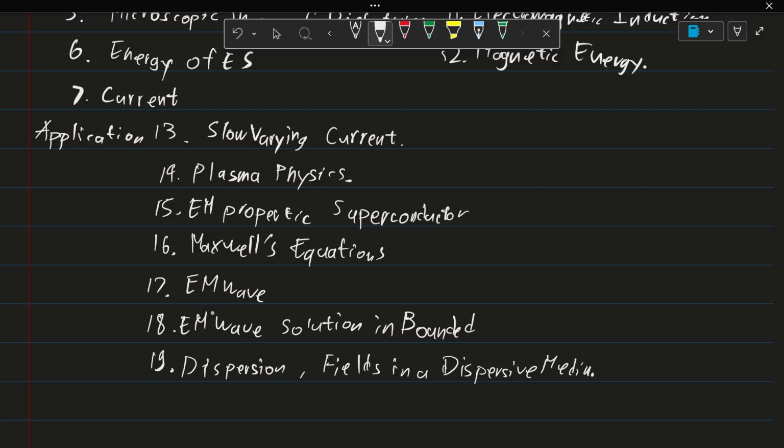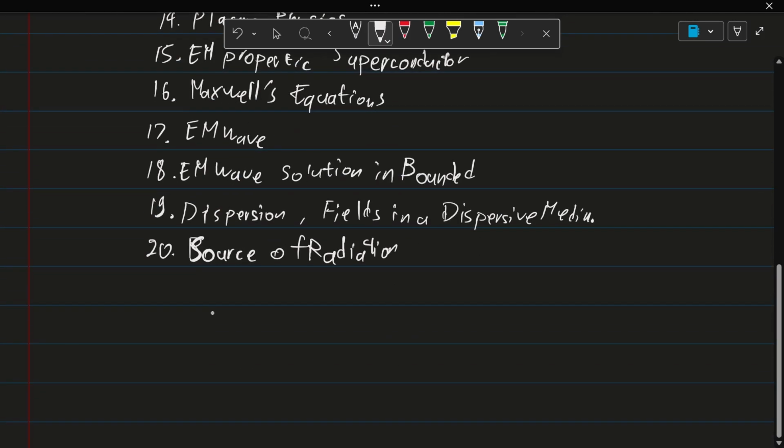After that, we'll be discussing about radiation, sources of radiation. So there are lots of radiations, but in here we'll be focusing on the electromagnetic radiation. After that, we'll be discussing about electrodynamics, in which we'll be discussing about changing electric fields.